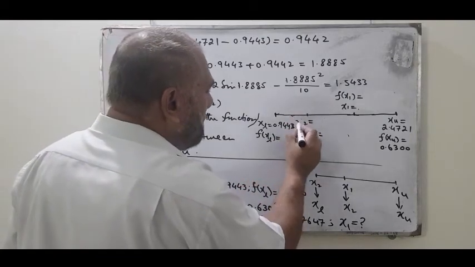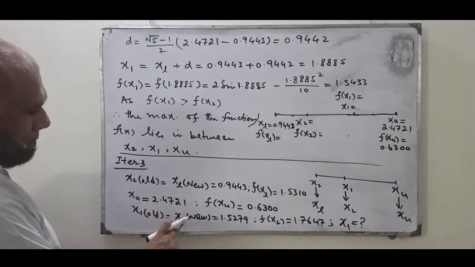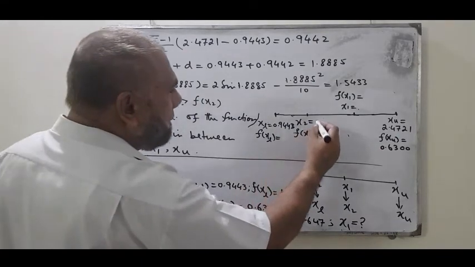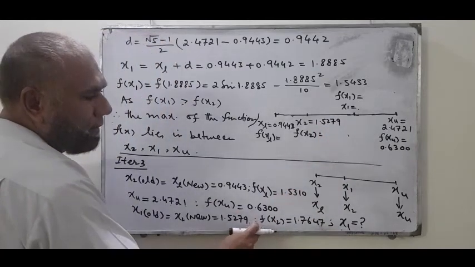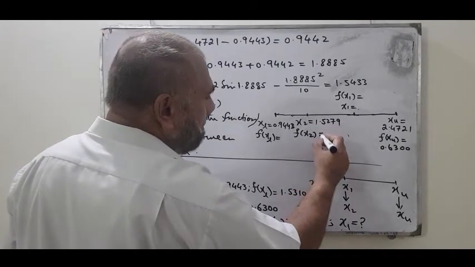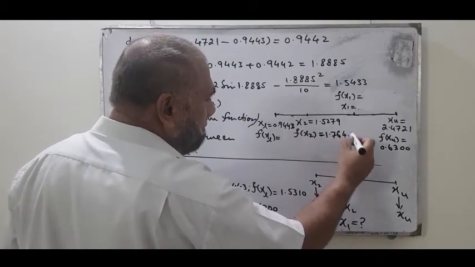And x2 will always be on the left of x1. So x2 is this one, 1.5279, and the function's value of x2 is 1.7647.